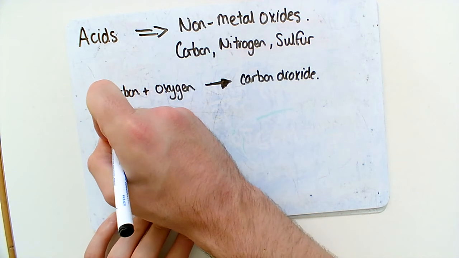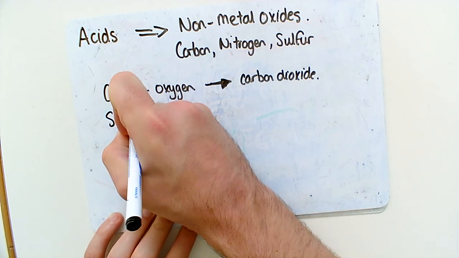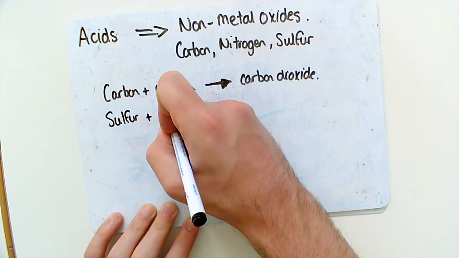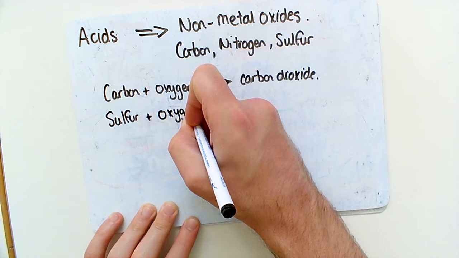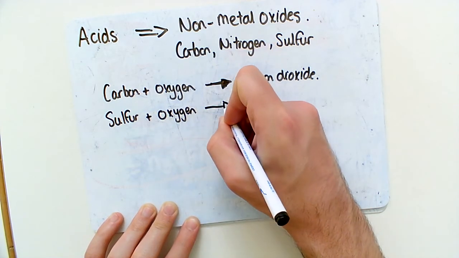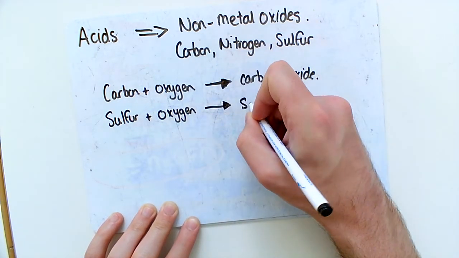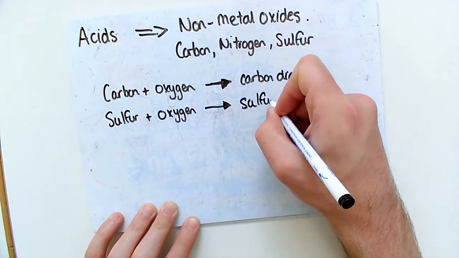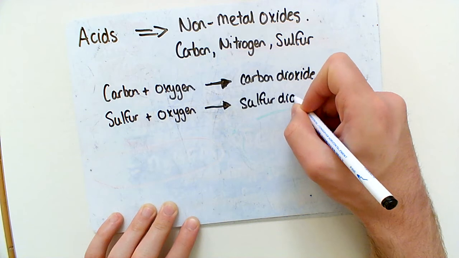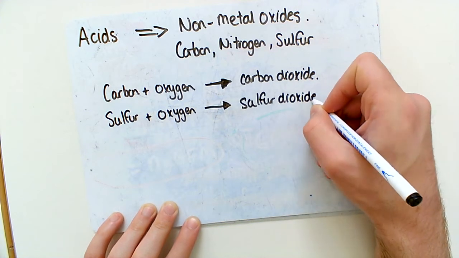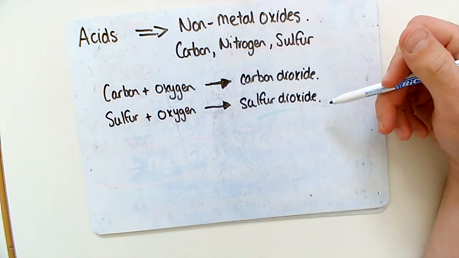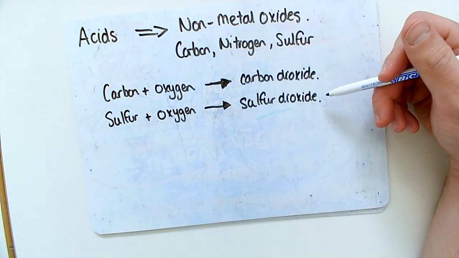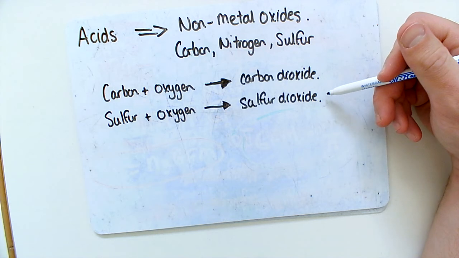Next one, sulfur. Sulfur plus oxygen gives us sulfur dioxide. Sulfur dioxide can also be produced from burning fossil fuels.